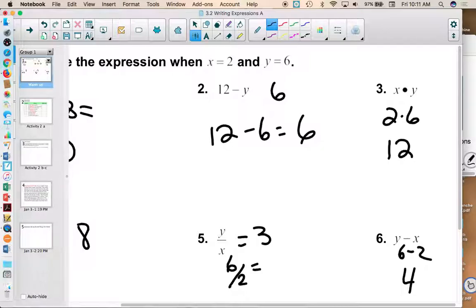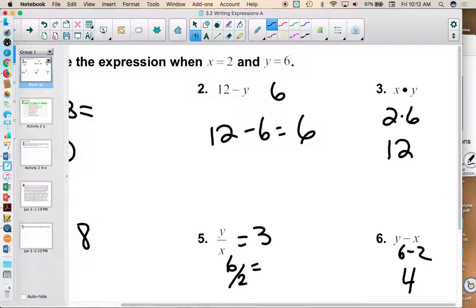Okay? You will write a math expression. So if I'm writing a mathematical expression, does it have a variable? Class? No. What do we call it if it has a variable? What type of an expression? Algebraic. Good.